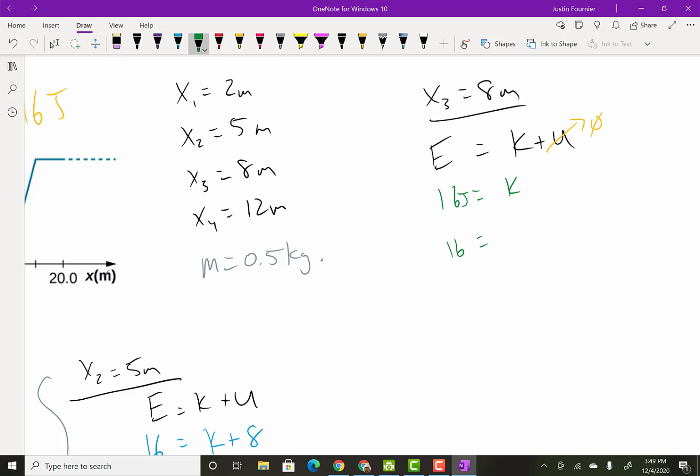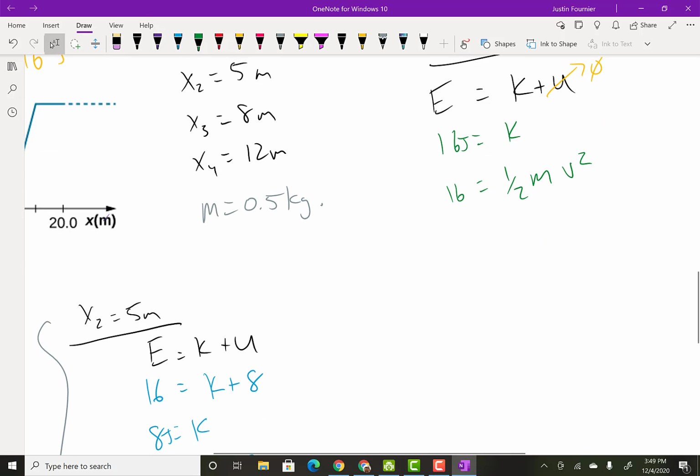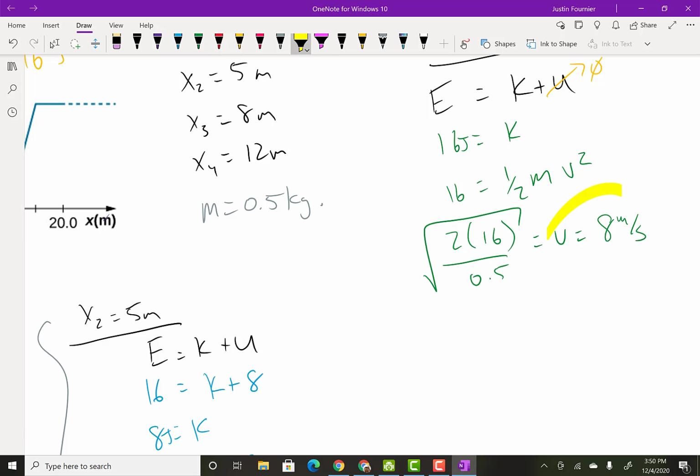Again, we want the speed, so it's 1/2 times the mass times the speed squared. So this is going to be 2 times 16 divided by 0.5, square root. That's 32 divided by 0.5, square root. So that's 8 meters per second for that one.